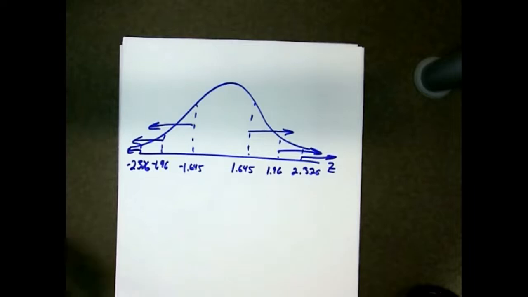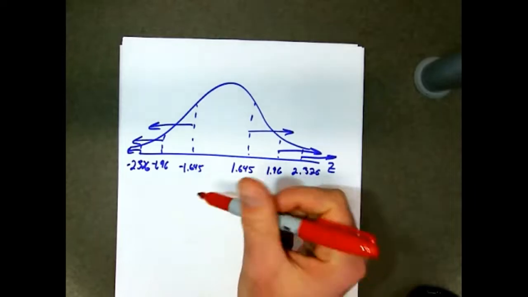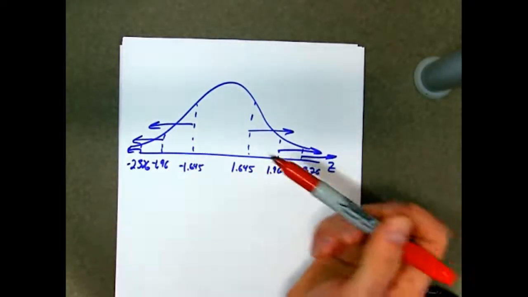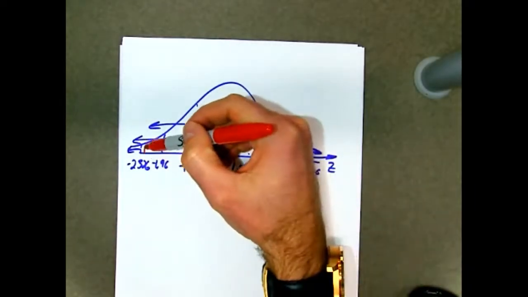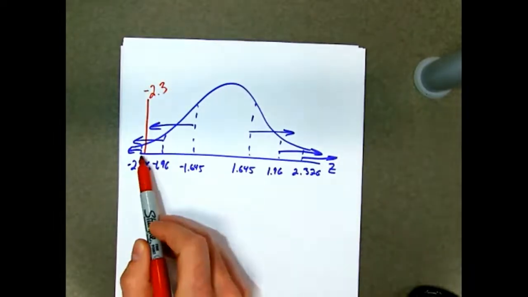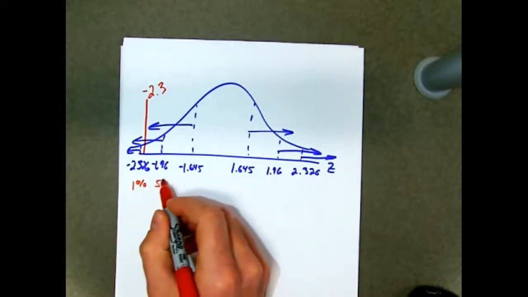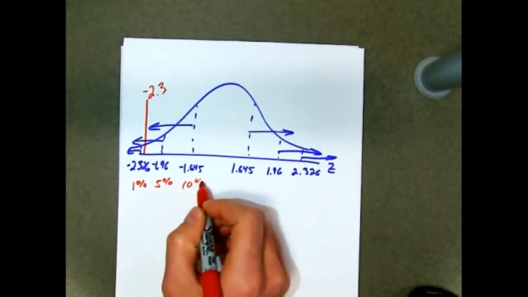All you're going to do is, once you have those critical values plotted out, if your test statistic is more extreme, right, then you're going to say that you reject or fail to reject. So negative 2.3 is just inside that critical value for the 1% level, right?